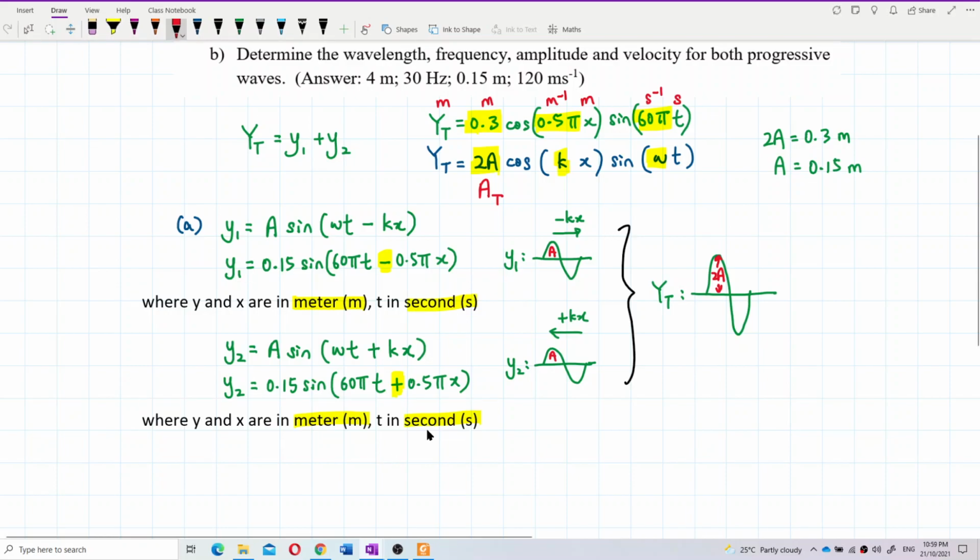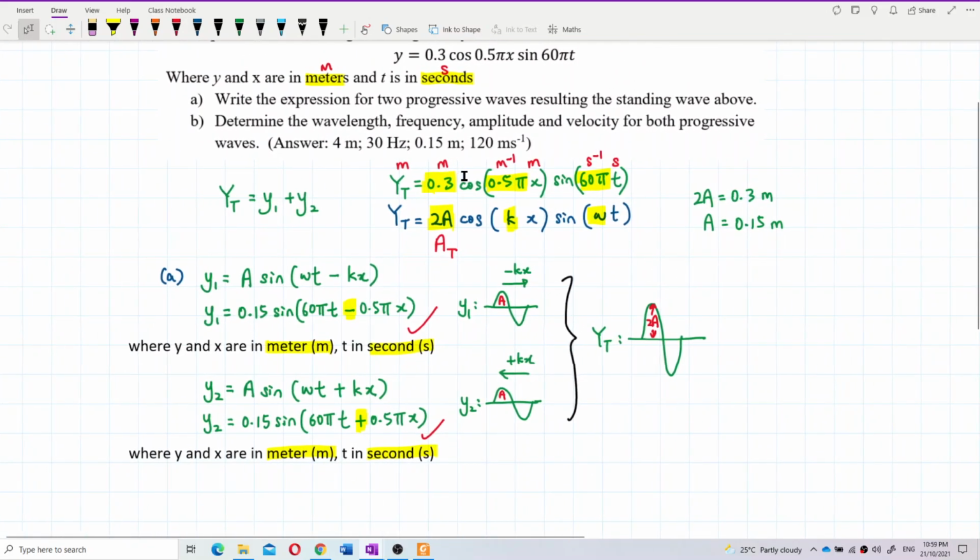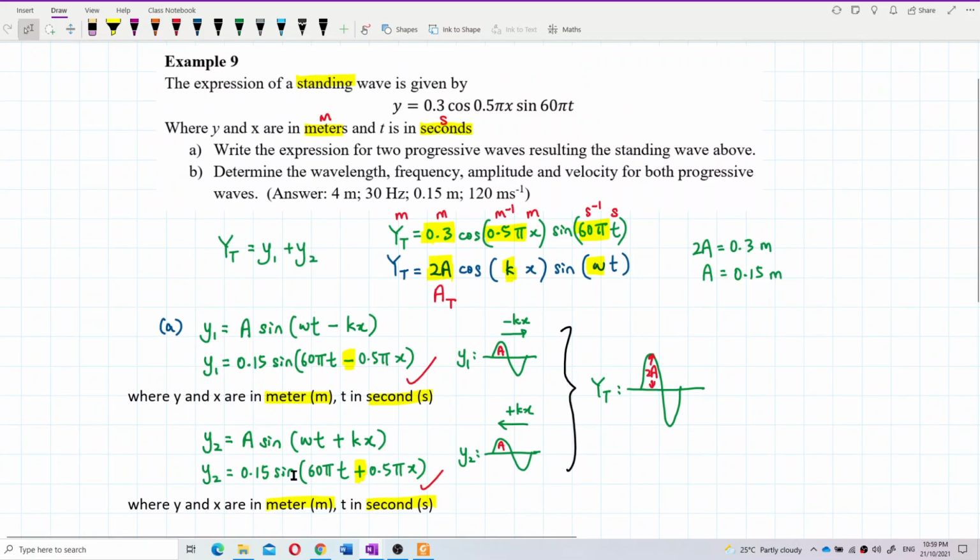So these are the two equations. Okay, y1 and y2. They are correct. See that? All the structure is almost the same. Just this one 2a becomes 1a, 0.15. And then the omega is still the same, 60 pi. The k is 0.5 pi.